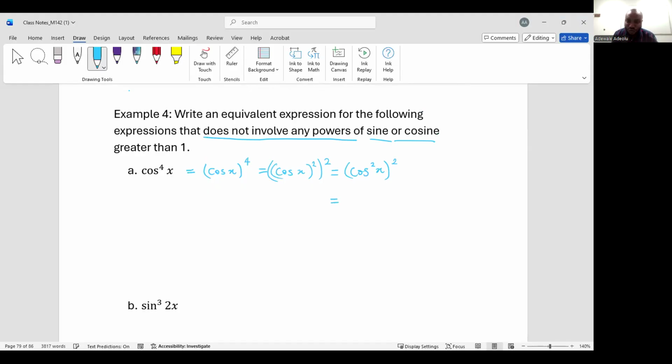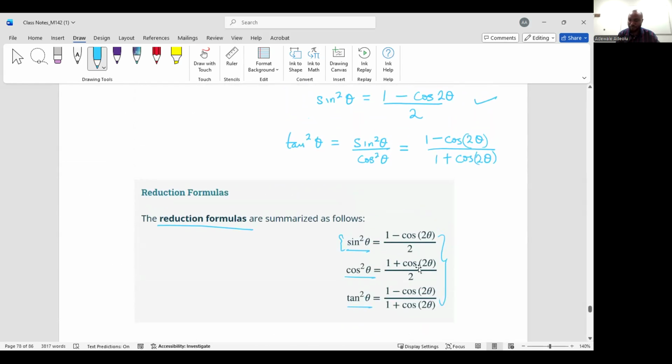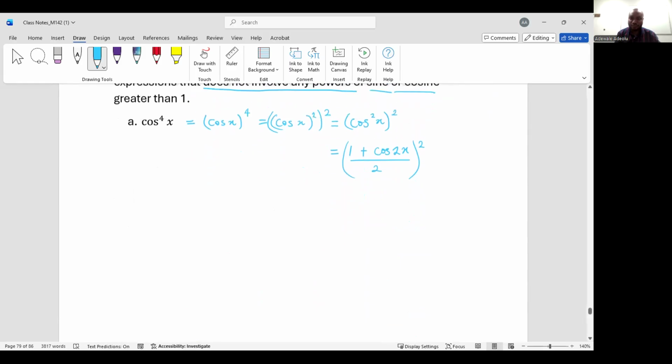Now, we know the reduction formula for cosine, and that is 1 plus cosine of 2x divided by 2, everything squared, using this formula. That is the reduction formula for cosine. Now, I'm not done because I still have power of 2. So I need to be able to break it down. Let me be careful. I can write this as 1 over 2, 1 plus cosine of 2x, everything squared.